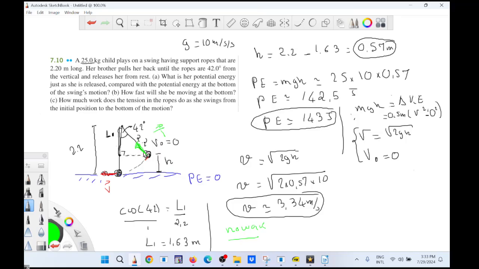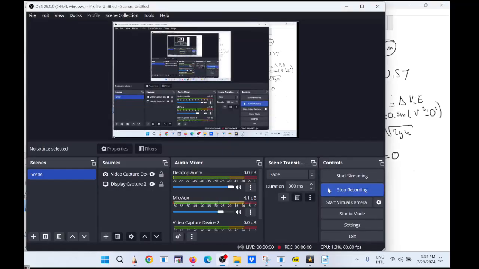It doesn't take energy away because it cannot change the speed. It's totally perpendicular, so the tension is perpendicular to v. It makes the thing turn, but it doesn't make it go faster or slower.